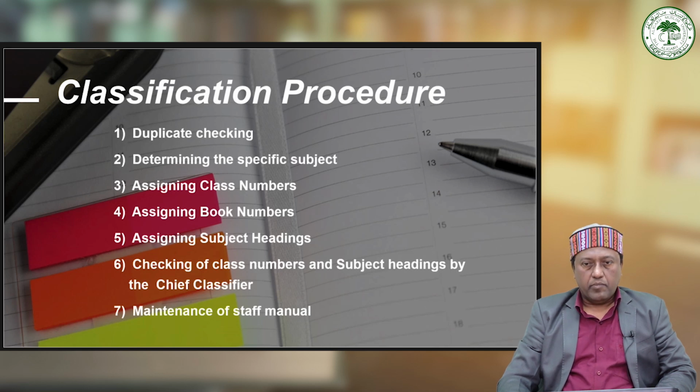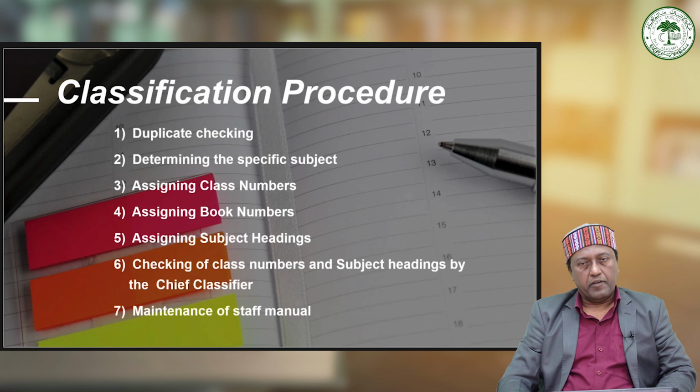Then the third step is, after understanding the subject, the classifier can assign the class number. This is the process of assigning the class number to the book after determining its specific subject. Once the specific subject of each book is determined, the classification schedule and other aids are utilized to assign the proper class number. So it's as simple as that.